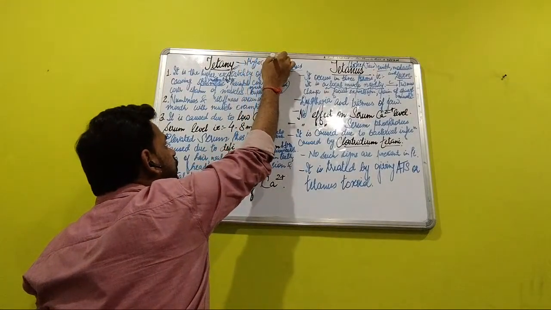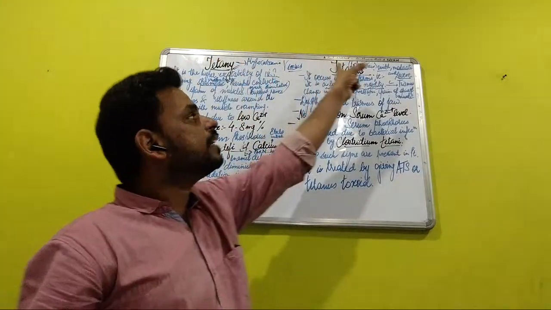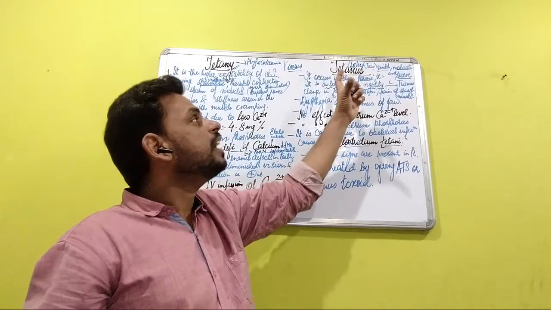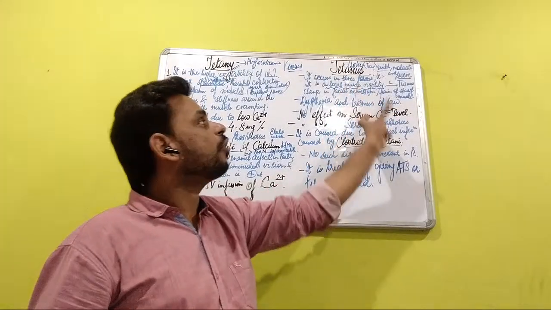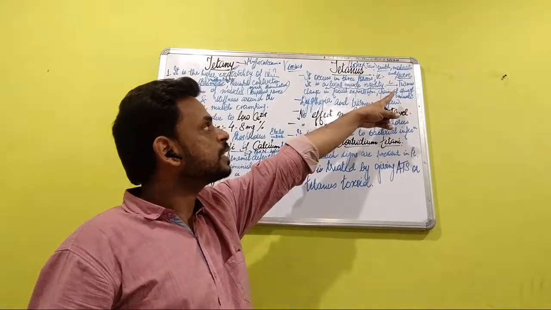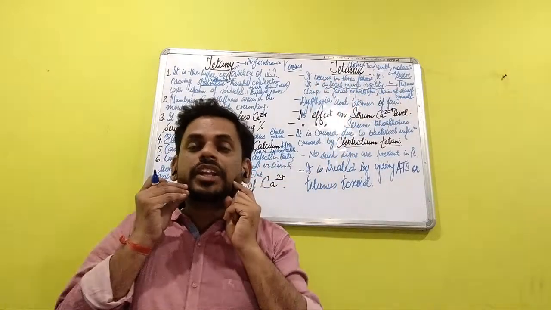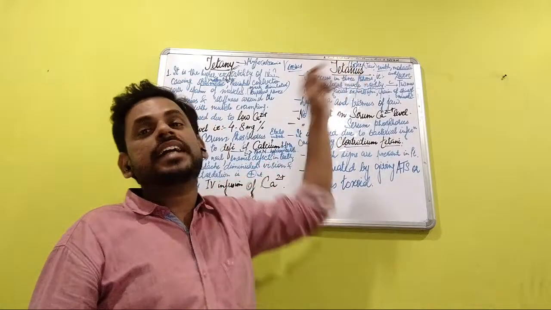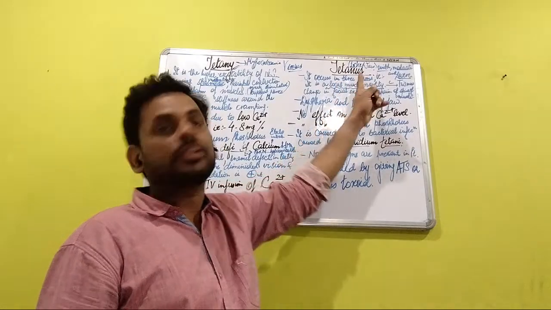So this electrolyte imbalance is there in case of tetany, whereas in case of tetanus, the causative organism is Clostridium tetani, and it is causing local muscle rigidity in the form of spasm, leading to trismus. Trismus is the condition where the person is unable to open the jaw. So in tetanus, there is a condition called locked jaw.